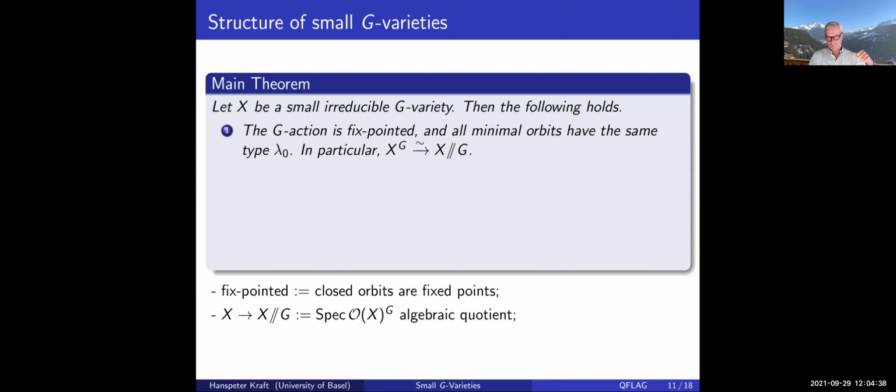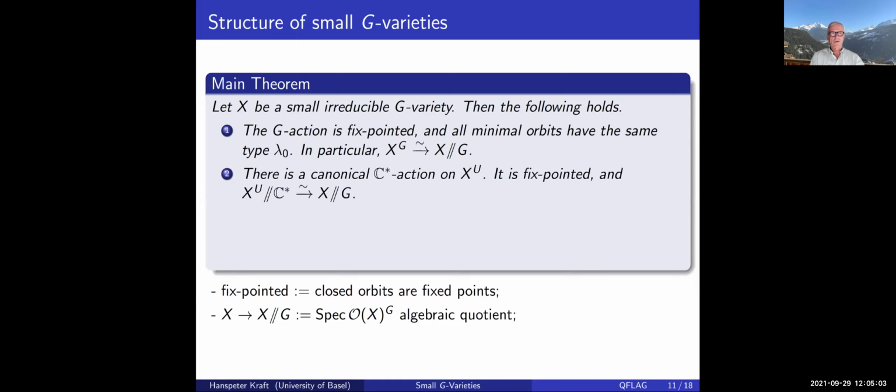In particular, that's a consequence of fixed pointed action. The fixed points under G are mapped isomorphically to the quotient. And recall fixed pointed means every closed orbit is a fixed point. There are no other closed orbits. And X to X mod G is as usual the algebraic quotient. So that is one remark for a small G-variety.